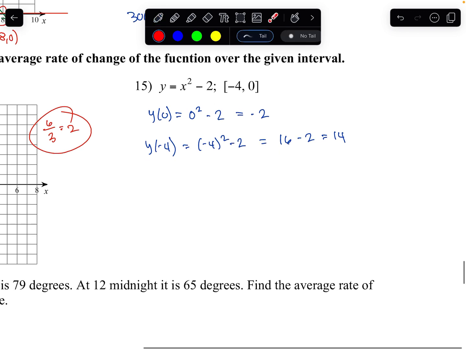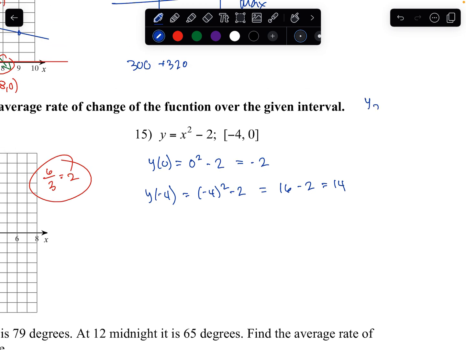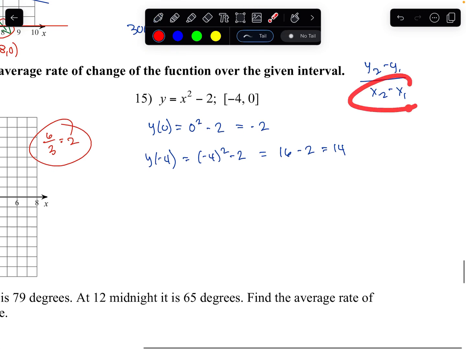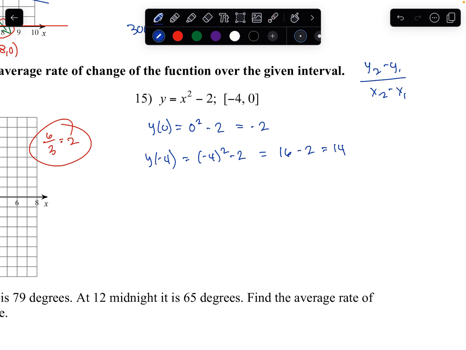So now I'm going to put in the formula: y2 minus y1 over x2 minus x1. I like to start here with x2 and x1. That's usually the order in which I write it. So if I write my formula, I'm going to have 0 minus negative 4. Now, what am I going to put for y2?